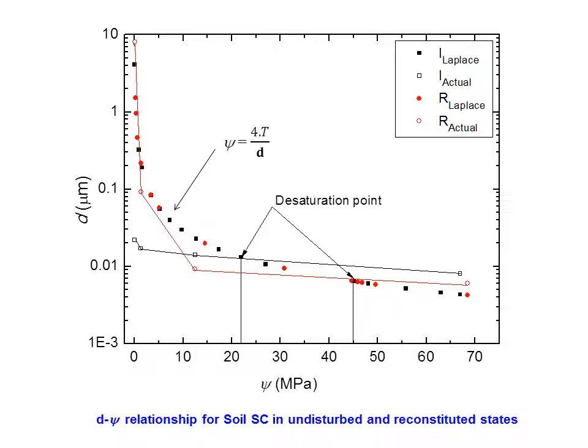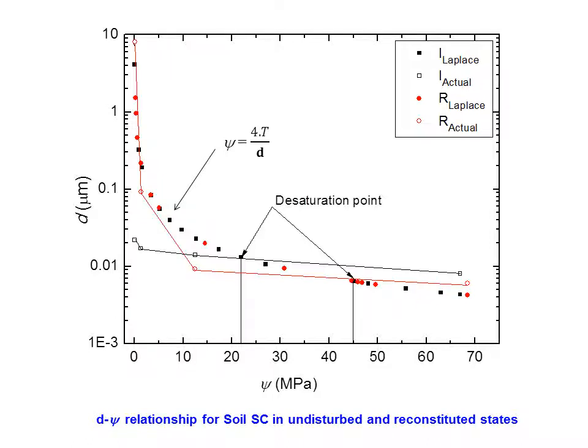For reconstituted samples also, samples R1, R2 and R3 have the dominant pore diameter suction relationship below this curve. So it indicates that samples R1, R2, R3 and samples I1, I2, I3 are saturated, or all the pores are saturated. Now in the air dry condition, samples I4 and R4 have the dominant pore diameter suction relationship above this curve. So it means that part of the pores are unsaturated.